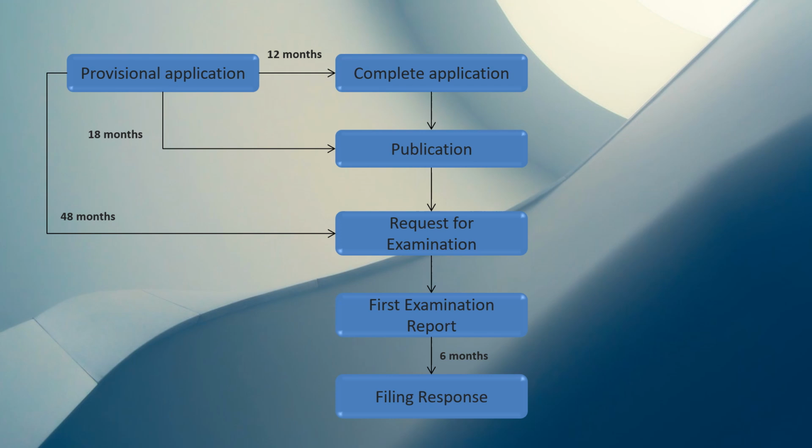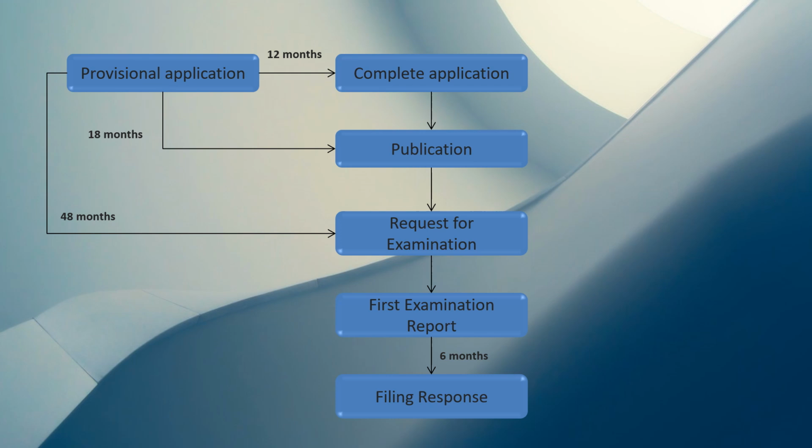Now, okay, the application has been published. Now what? Well, the next step is request for examination. Now let's understand what request for examination means. It's basically a form, Form 18 as per the Indian Patent Act. When an application is filed, it will remain in the patent office, and the examiner sitting in the patent office will not examine that application unless and until Form 18, the request for examination, is filed.